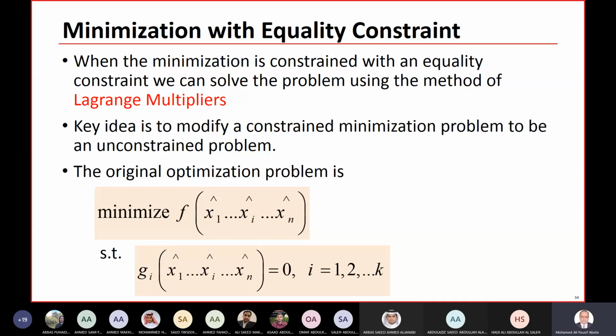The idea here is to convert the problem from being a constrained problem to an unconstrained problem.